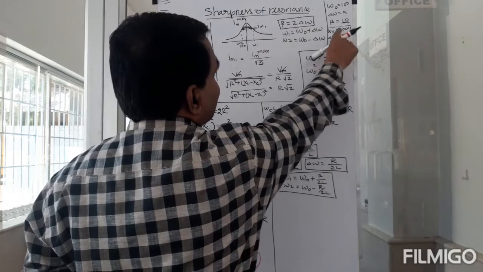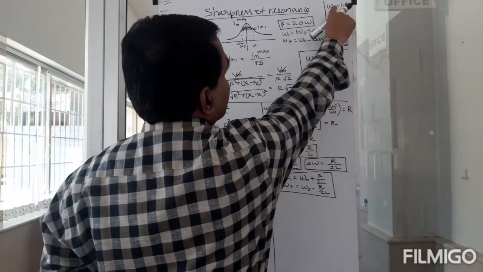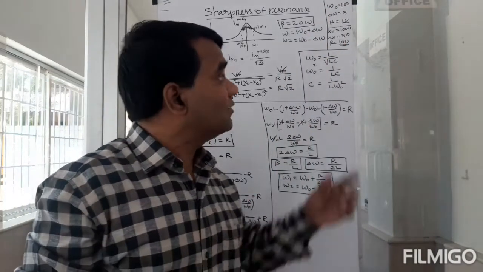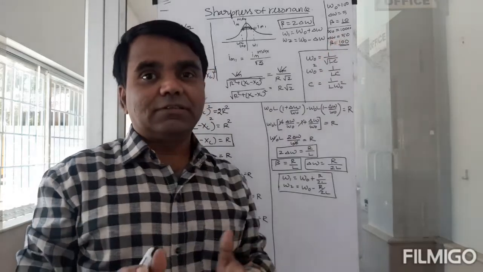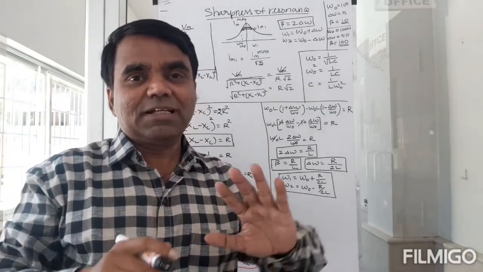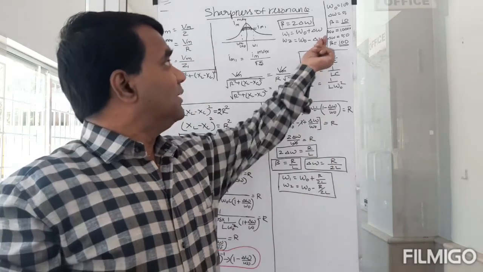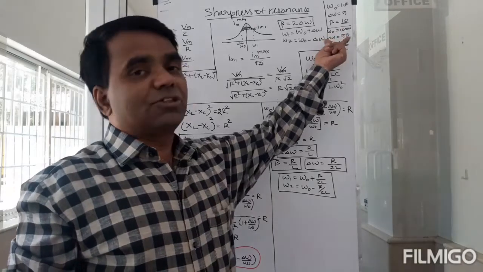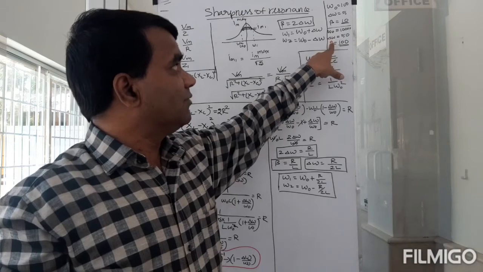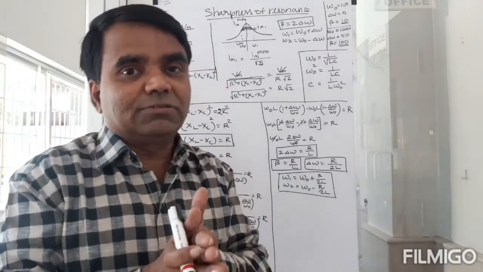If I say omega naught by beta, I get 100 here and 10 there. So now the bigger the number, the greater the sharpness. It's the same thing, but I've taken the reciprocal. If I divide beta by omega naught, then the smaller the number, the greater the sharpness.